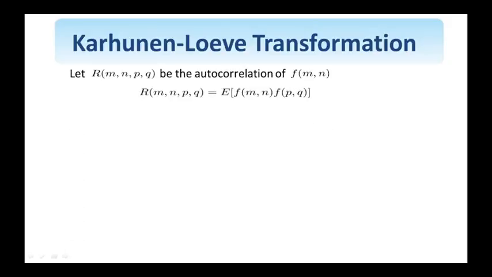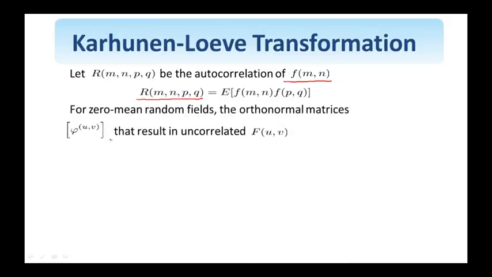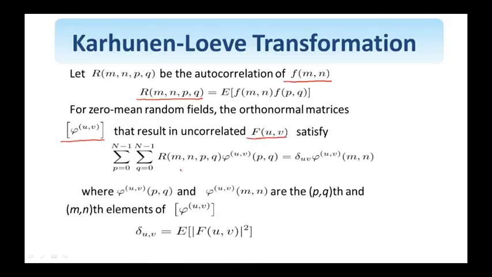So according to the KL theorem, if I have such an image f of mn, and R(m,n,p,q) is its autocorrelation function, then I can find this family of orthonormal matrices that will result in uncorrelated coefficients by solving this equation.